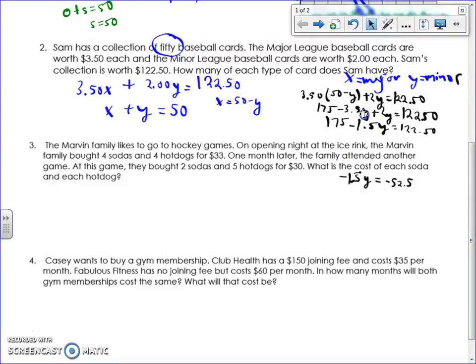And then I'm going to solve by dividing both sides by negative 1.5. When I do that, I get y equals 35.